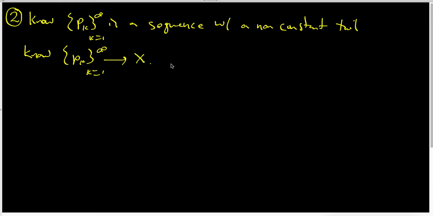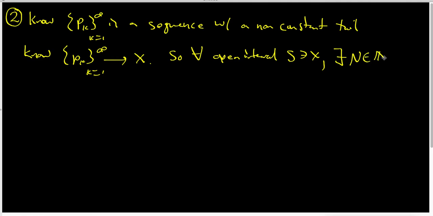The definition of converges to the point x means that for every open interval S that contains x, there has to be a capital N inside the natural numbers such that if little n is bigger than or equal to capital N, then I know that p_n belongs to the set S.